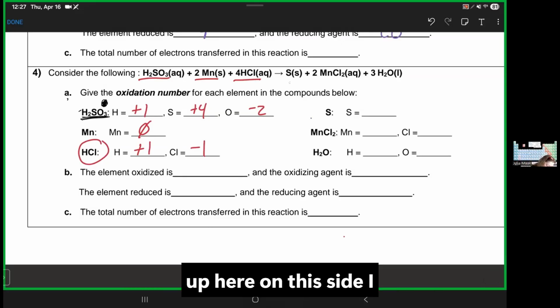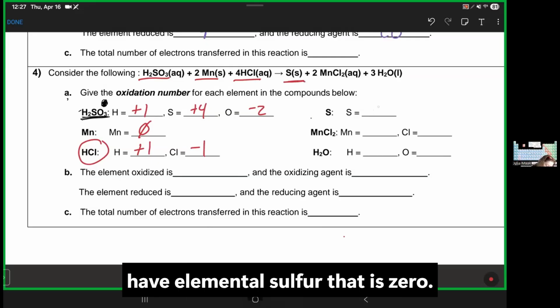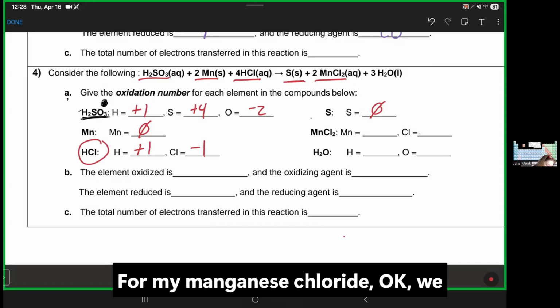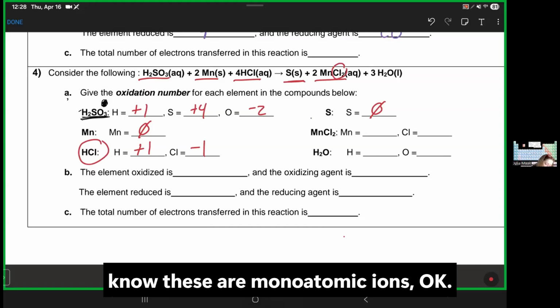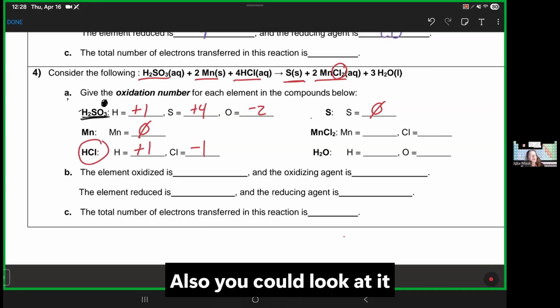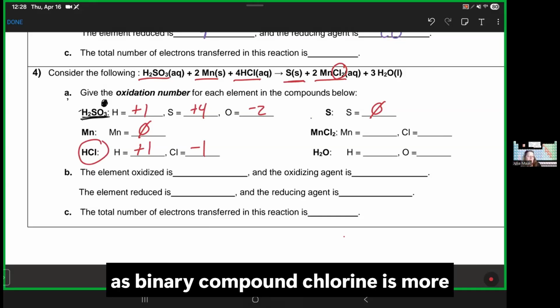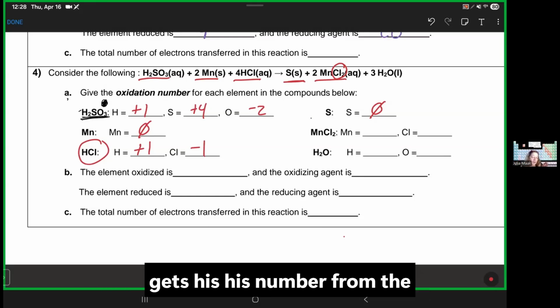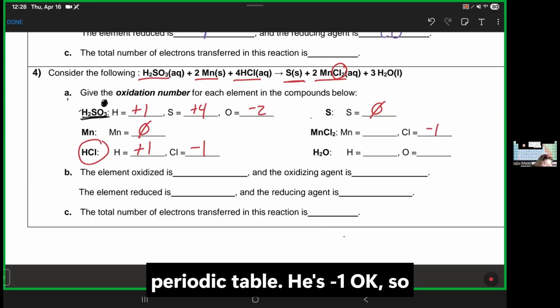Okay, so up here on this side, I have elemental sulfur. That is 0 for my manganese chloride. Okay, we know these are monoatomic ions. Okay, also you could look at it as binary compound. Chlorine is more electronegative than manganese, so he gets his number from the periodic table. He's negative 1.